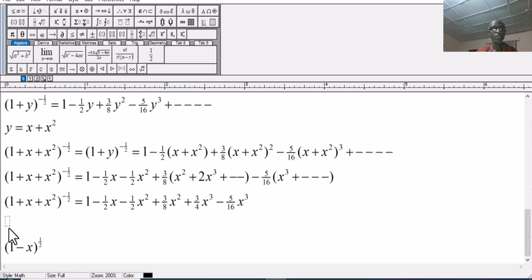So let's see whether we can merge any of these terms together. So this gives us 1.